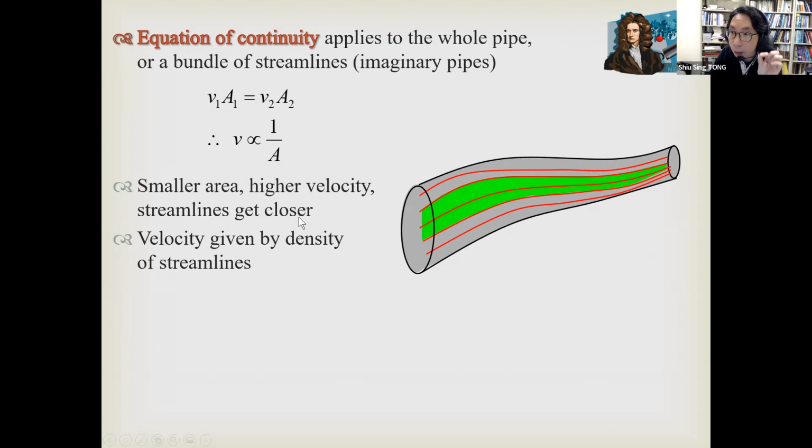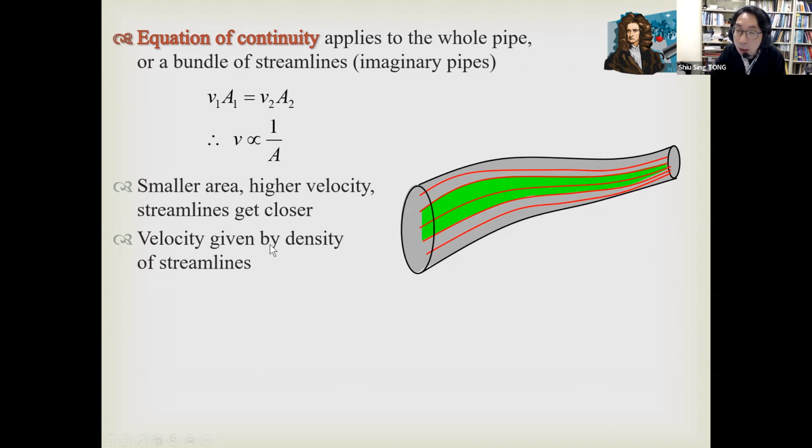That means if you see in a steady flow that the streamlines are getting close together, the velocity there will be large. So the streamline density reflects the velocity of flow. If the streamline density is high, if the streamlines are getting closer, that is a region with a higher flow velocity.